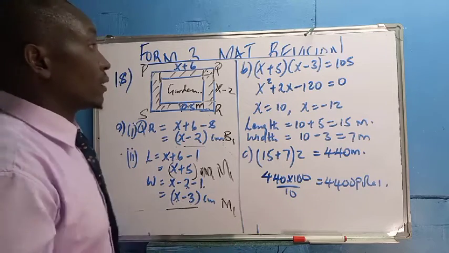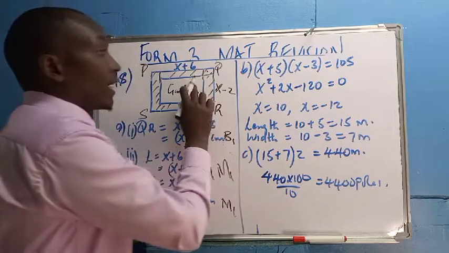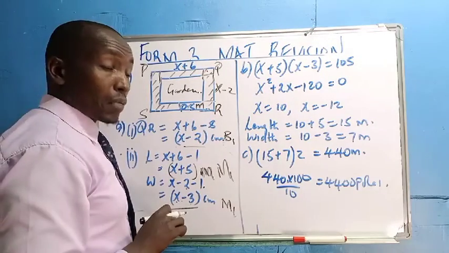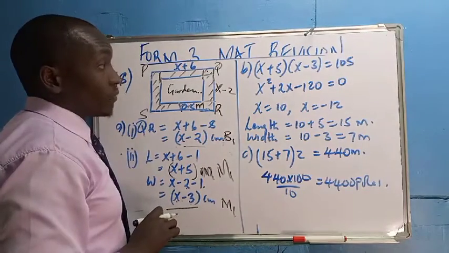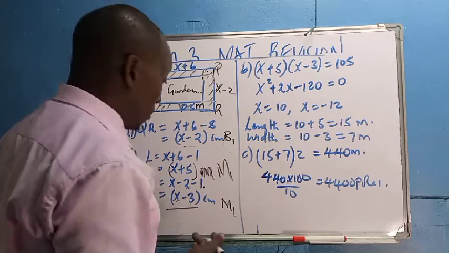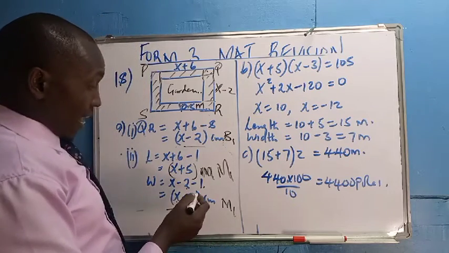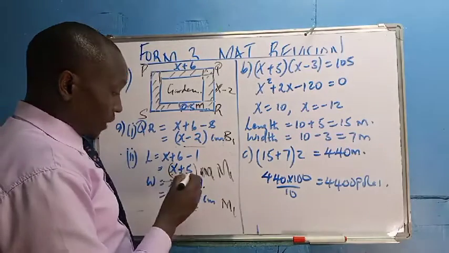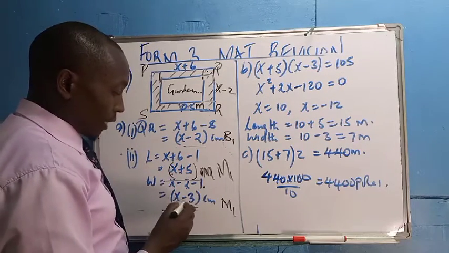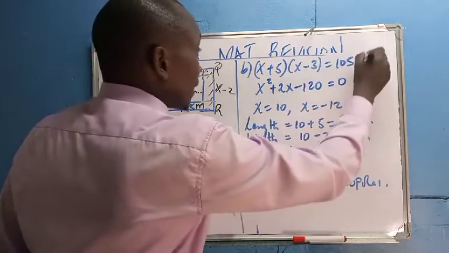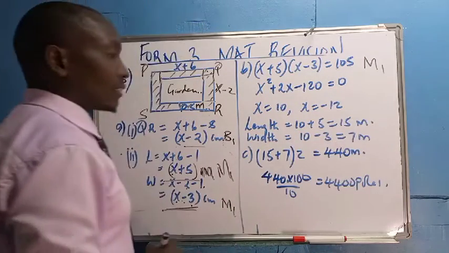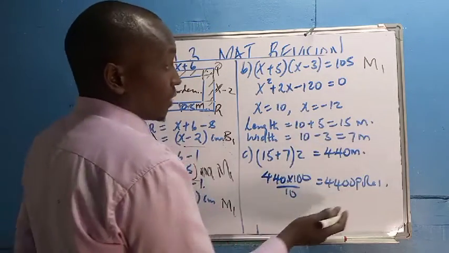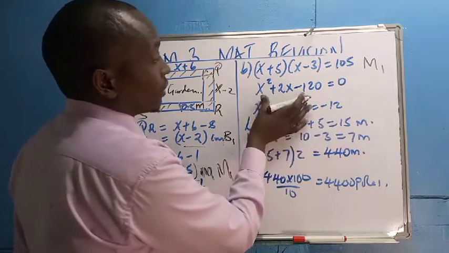Now, part B, you're given that the area of the garden is 105 meters squared. So I only need to multiply what I know. I know the length, I know the width. x plus 5 times x minus 3. Once I have that, that's a mark. My student, because of my space here, I've just condensed this.